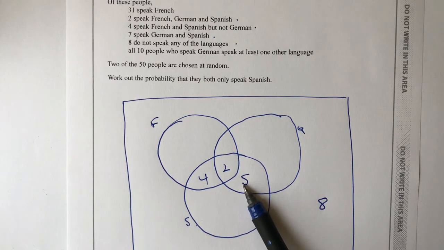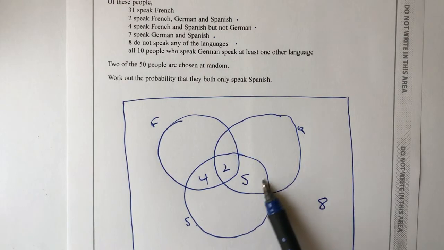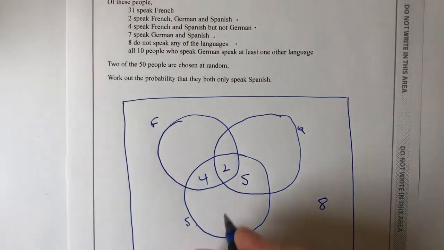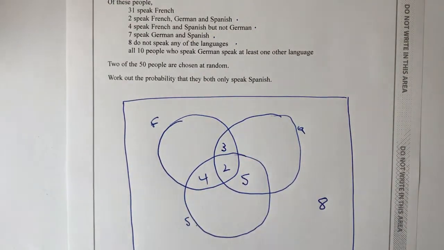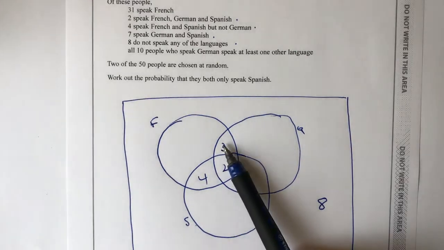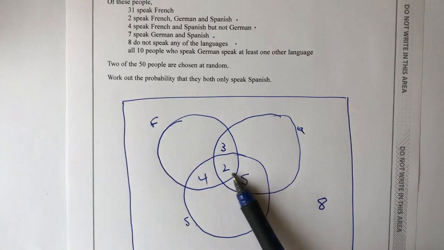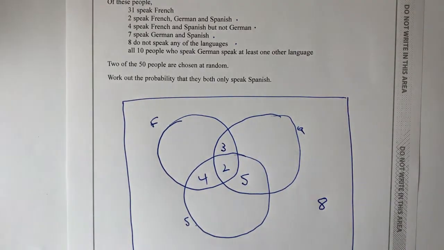But I do know the 10 people who speak German speak at least one other language, so there must be 3 in this area here, and they make up the 10 people who speak German. It also means there's nobody that only speaks German. All the German speakers speak at least one other language.